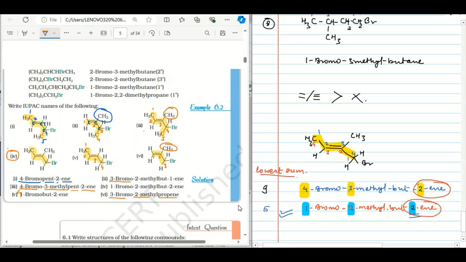Otherwise, you just have to make sure that the functional group gets the lowest possible number, and you have to number the chain in that way only.